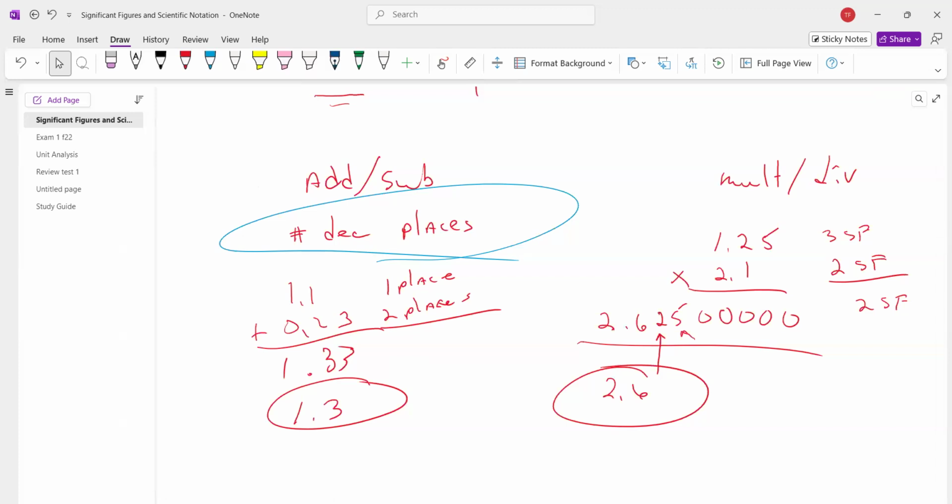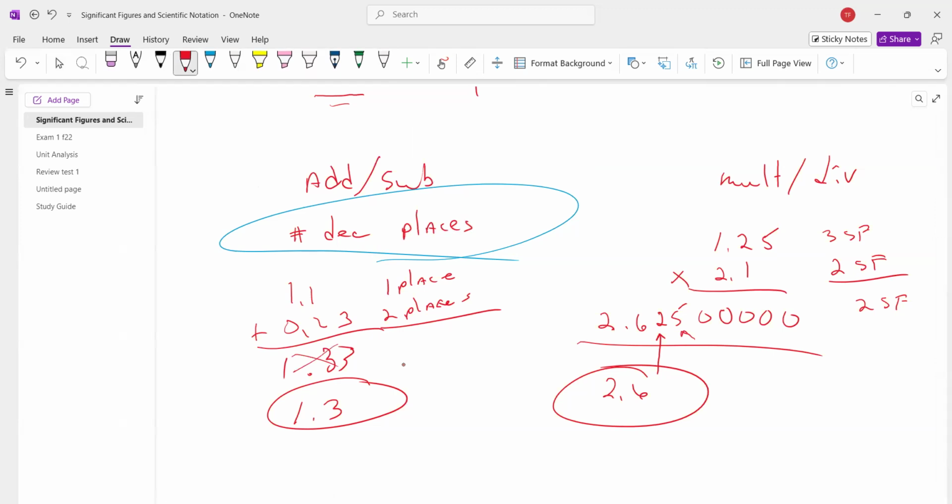So if we add 1.1, one decimal place, to 0.23, two decimal places, our answer will have one. You always take the least amount. So our answer is not 1.33, it's 1.3, one decimal place.